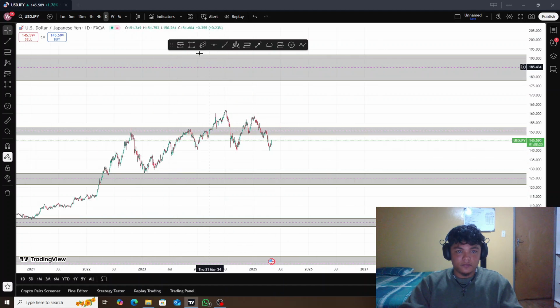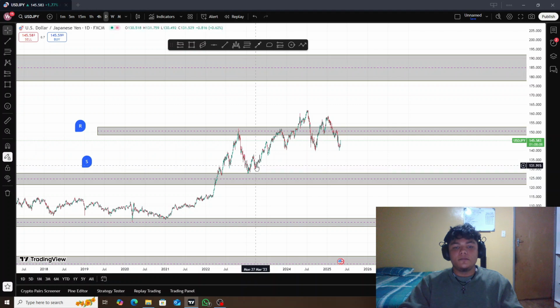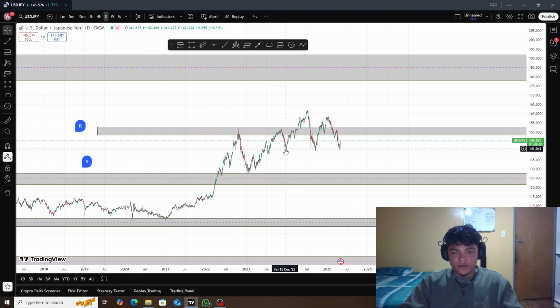Market came down, resistance. It came down to retest the support. As soon as it moved up again, something here was resisting again, came down here. So this would be my support.